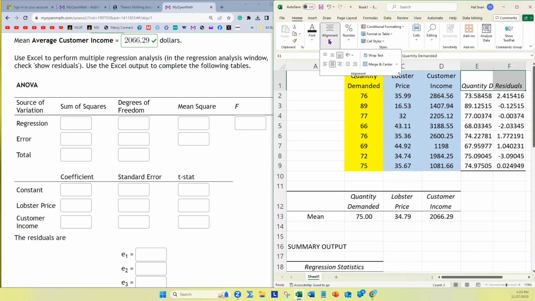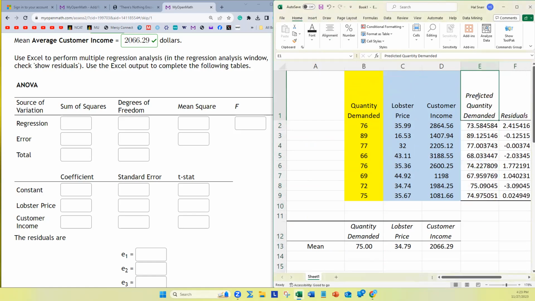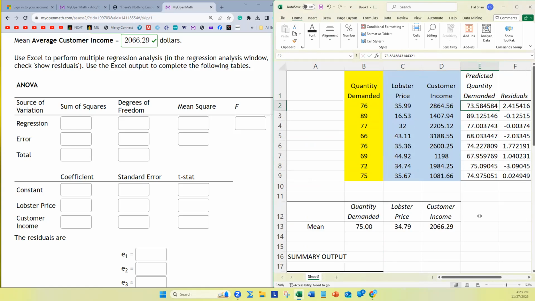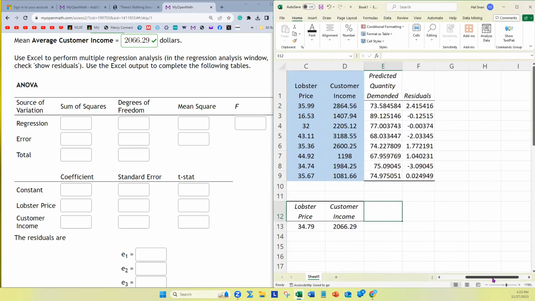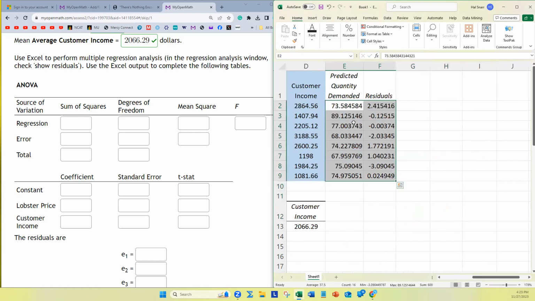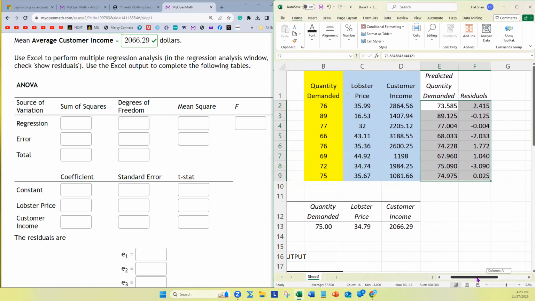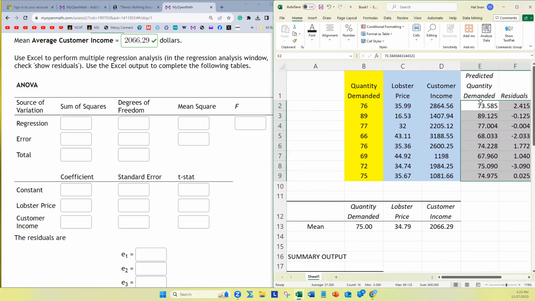I'm going to word wrap that. I'm going to shrink the number of decimal places to 3. And I'll show you how Excel calculates these things, right?